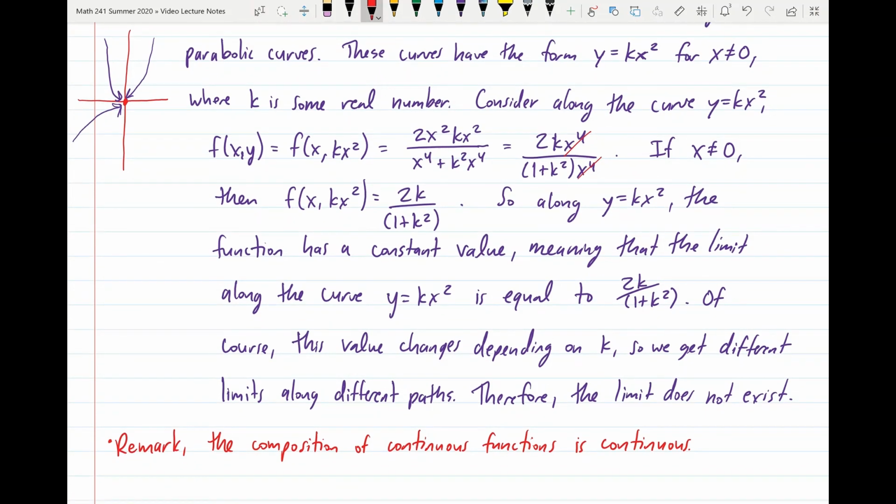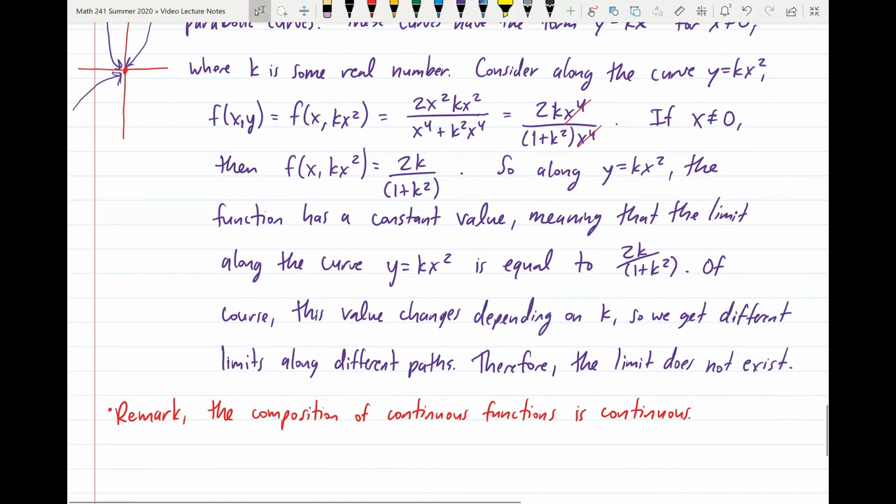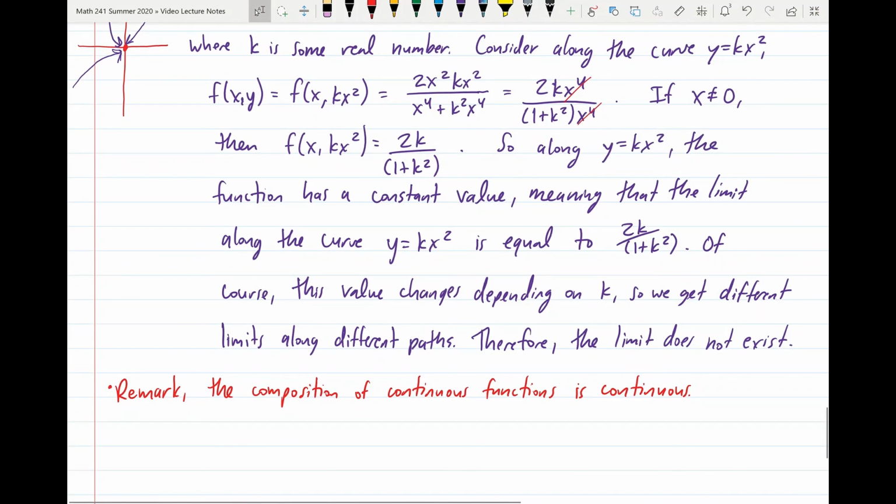And so the function f of x, kx squared ends up just equaling 2 times k divided by 1 plus k squared. And so along the parabola y equals kx squared, the function has a constant value, namely 2k divided by 1 plus k squared, meaning that the limit along the curve y equals kx squared is equal to 2k divided by 1 plus k squared.